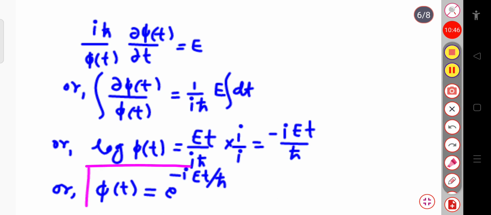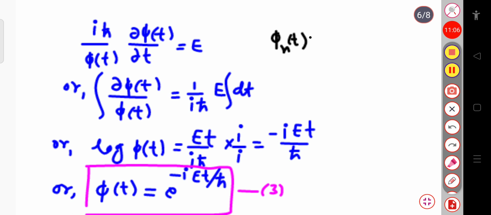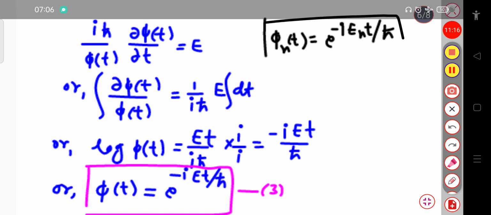This expression is your equation number 3, and the general form of this phi of t for the nth term can be written as phi n of t, for n number of particles, equal to exponential minus iota e n t divided by h cut. So this is your general form.